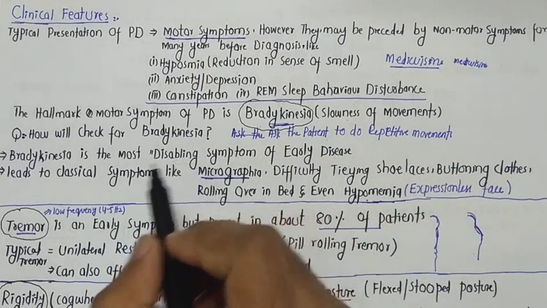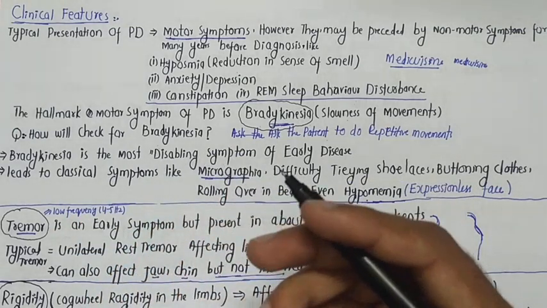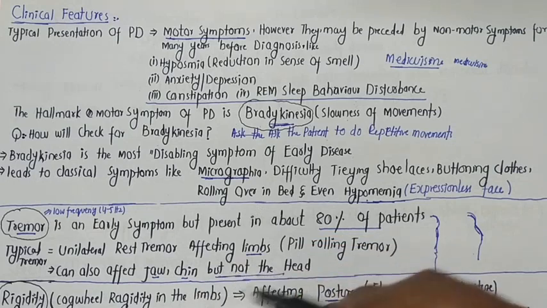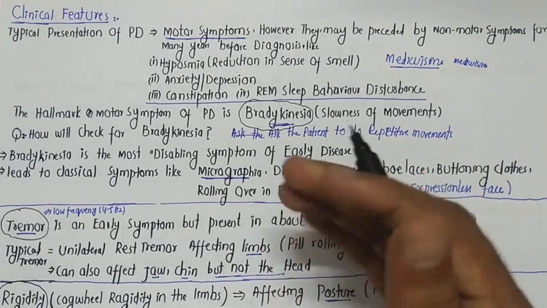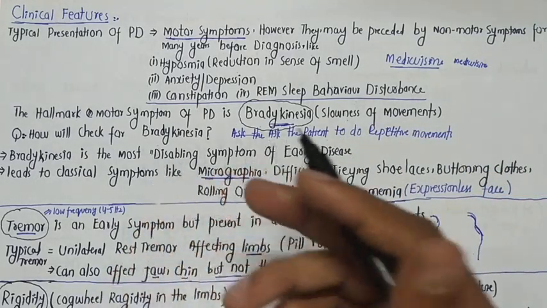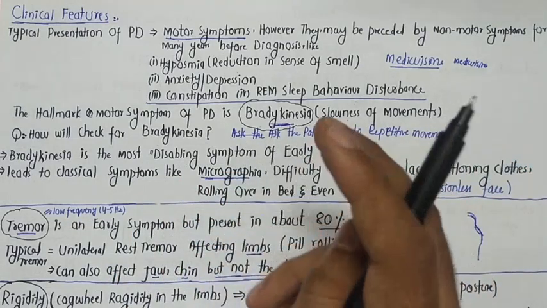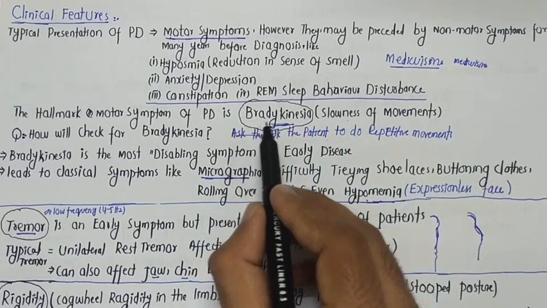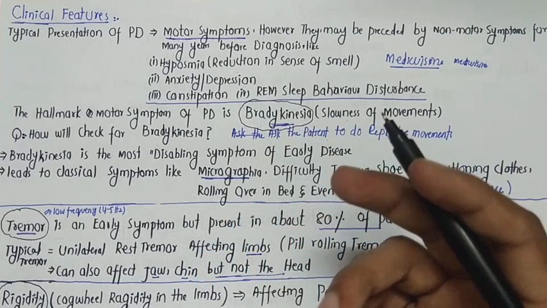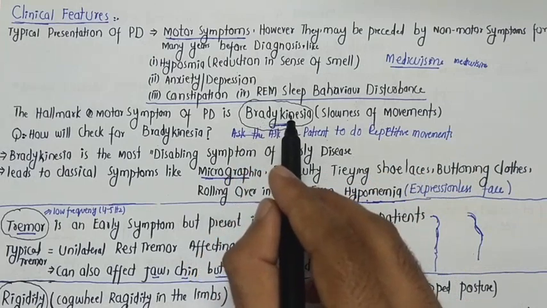Now we said that bradykinesia is the most disabling symptom of early disease, because as Parkinson's disease progresses, in very later stages it is actually the dementia that causes great difficulty for the patient. So in the early disease there is no dementia, so the most disabling and most concerning symptom would be bradykinesia.